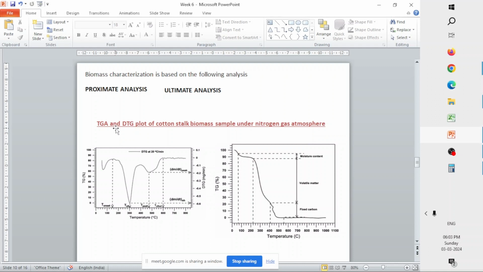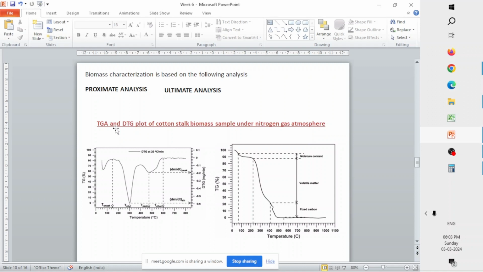There are two types of characterization, or analysis, of biomass. One is the proximate analysis, and the other is called the ultimate analysis. Proximate analysis is primarily focused on understanding the physical components in the biomass, like the percentage of fixed carbon, the ash percentage, how much volatile matter is present, and the bulk density.